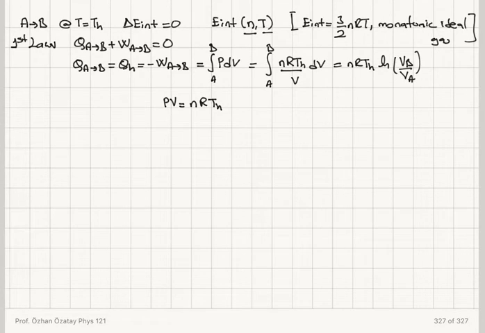So I have found what QH is, the amount of heat I'm absorbing from the hot reservoir.